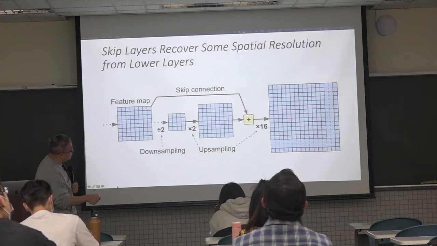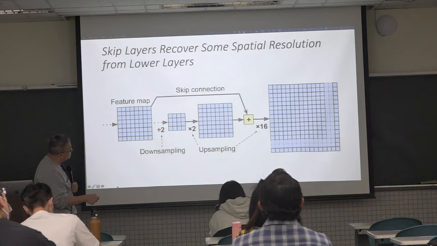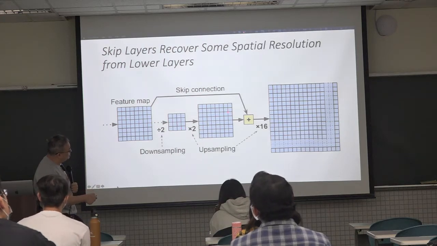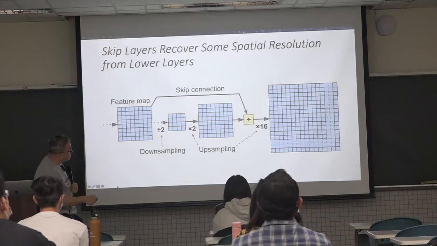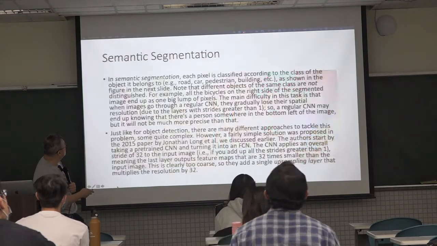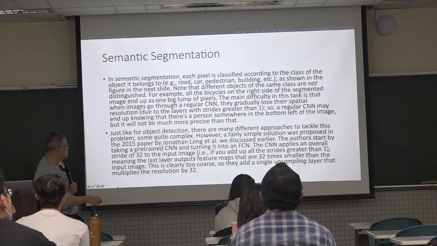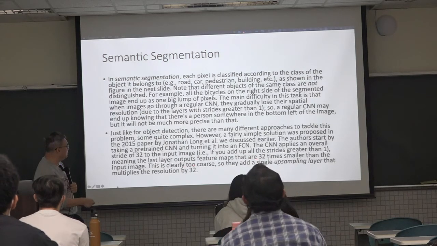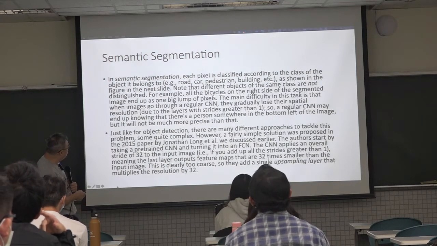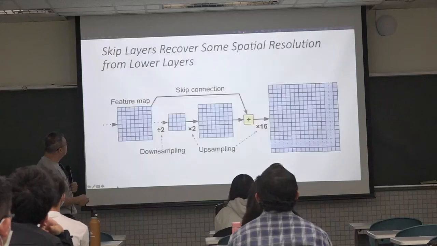Eventually they need to increase the width and height by 32 times. Remember? They need to increase the width and height by 32 times. So the FCN-8s case is something like this.